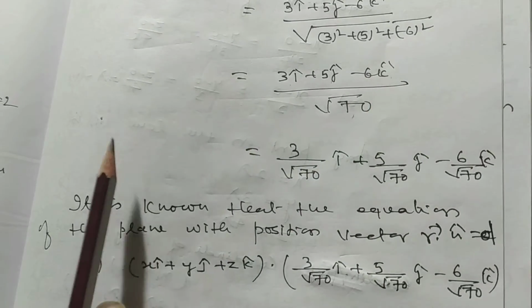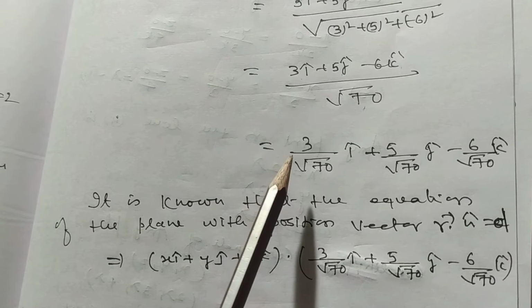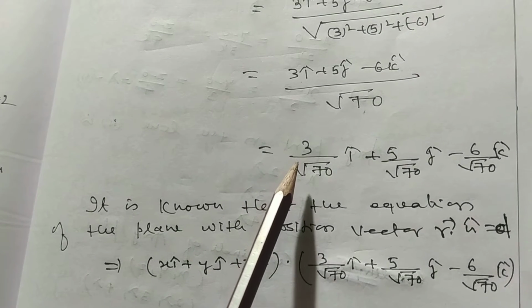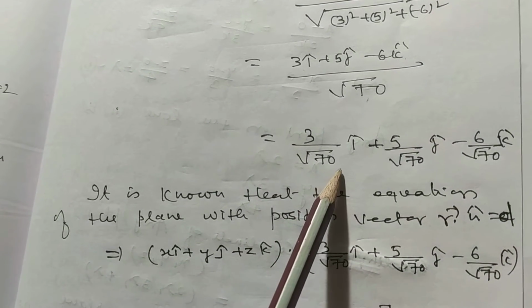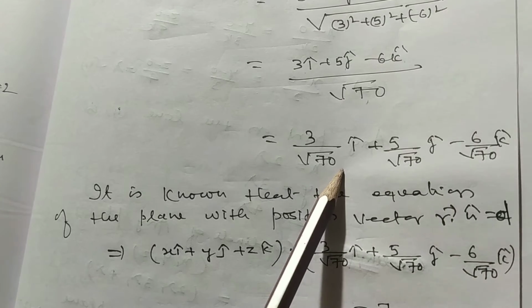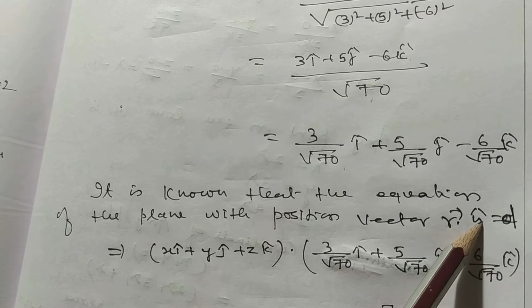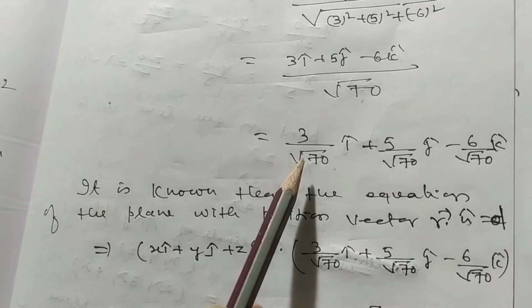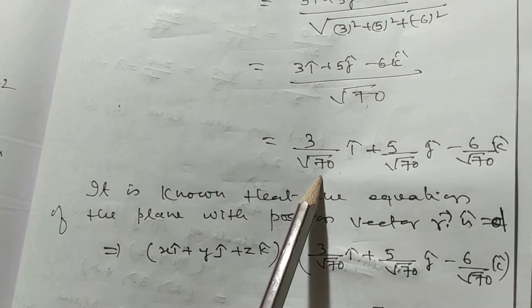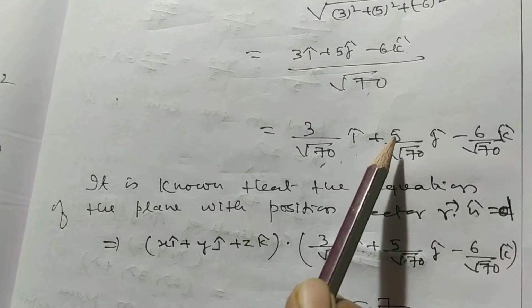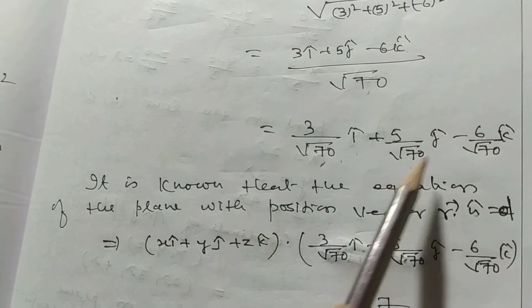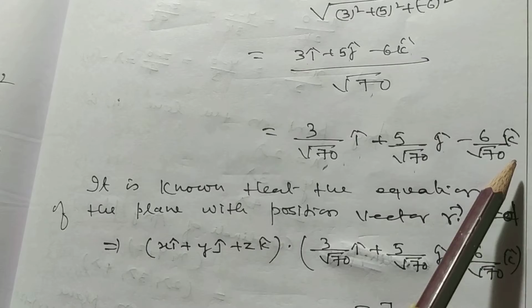So now we convert this equation into normal form. We write it as vector r dot product with the unit vector. Here the unit vector is 3 by root 70 i cap plus 5 by root 70 j cap minus 6 by root 70 k cap.